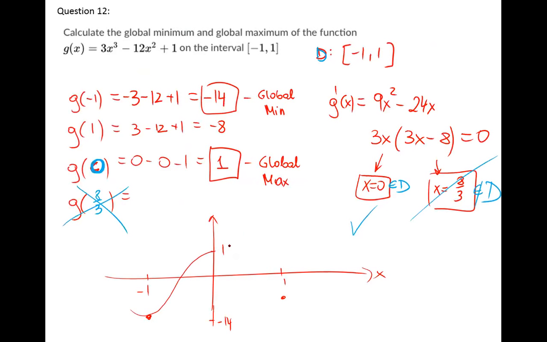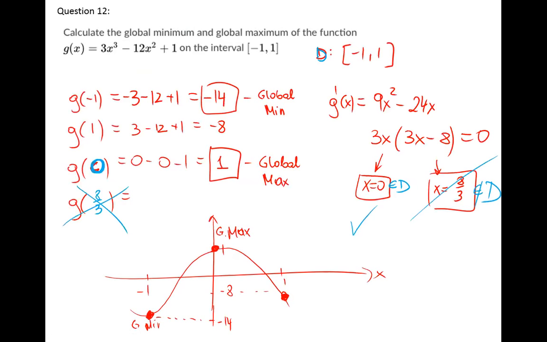I don't know exactly, but we can see this will be the highest point, and we're only looking from -1. We go to -14, okay, lowest point. That's -8, just the endpoint. And 1 is the global max, and this is the global min. Okay, that's the typical problem. Please remember, if you have a closed interval and continuity, you will always have a highest point and a lowest point. Oh, I wanted to finish.